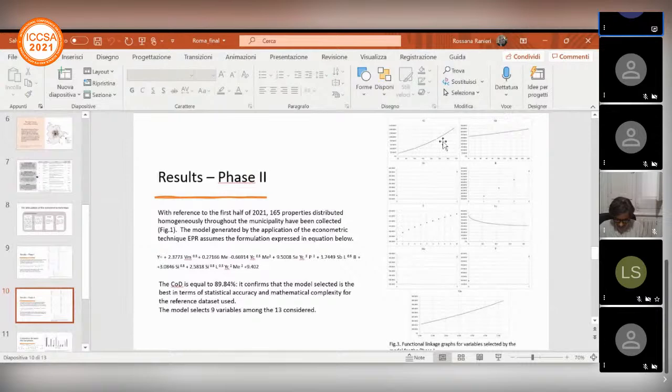The interest for the internal coverage surface is almost the same.